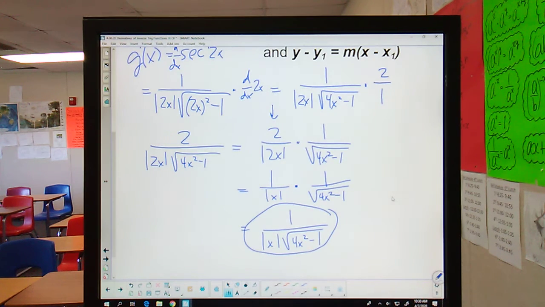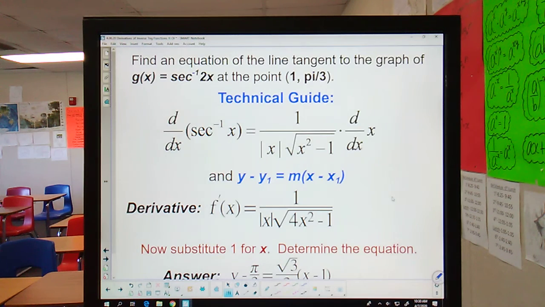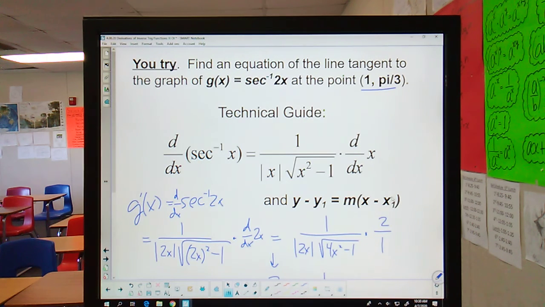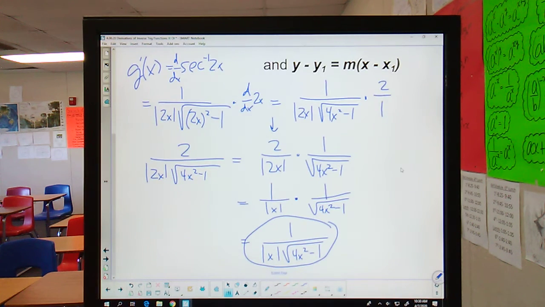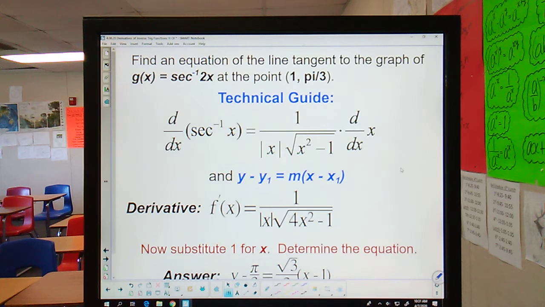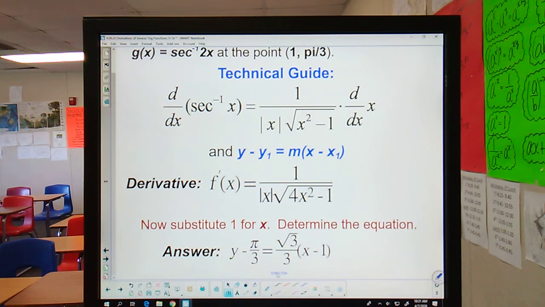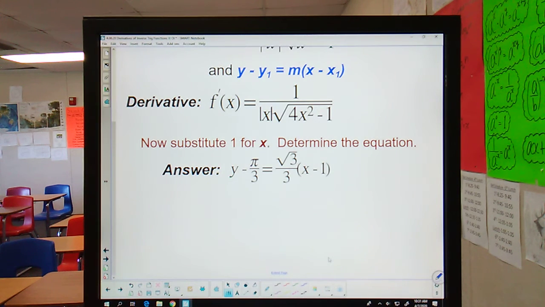Okay, let's see if that's the same answer as I have on the next page. Yes, 1 over absolute value of x times radical 4x squared minus 1. Okay, right there's your derivative. Now, with that in mind, look what the question was asking.